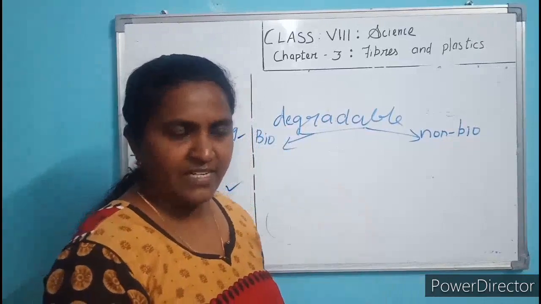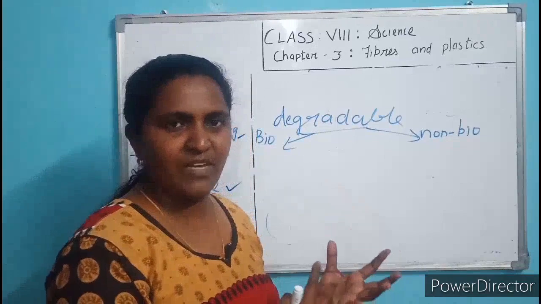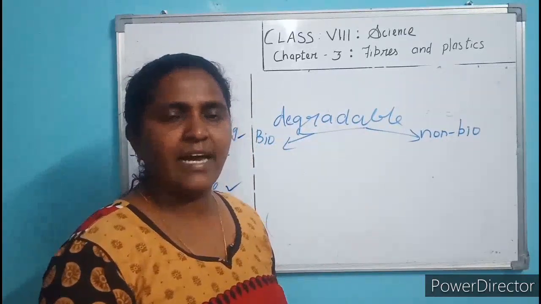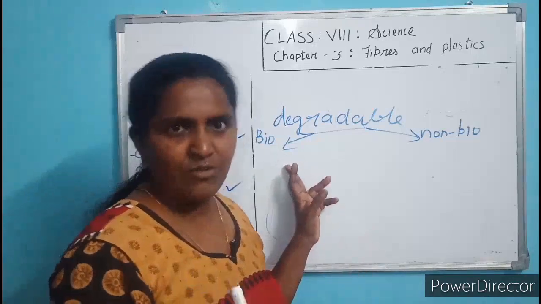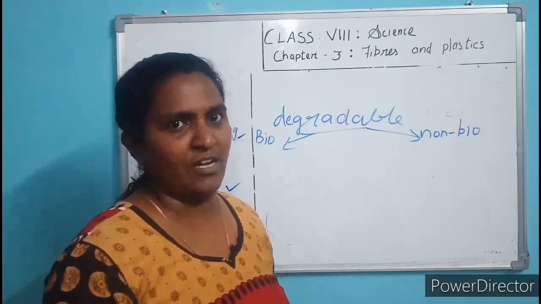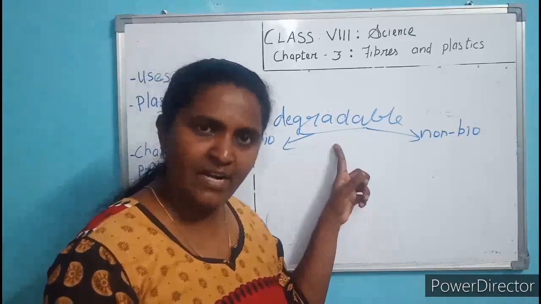Household waste, that is vegetable peels or whatever waste comes from vegetables or fruit, will be decomposed with the help of microorganisms. Paper is also degradable. After a few days it decomposes and mixes with the soil. So those materials are called biodegradable materials.